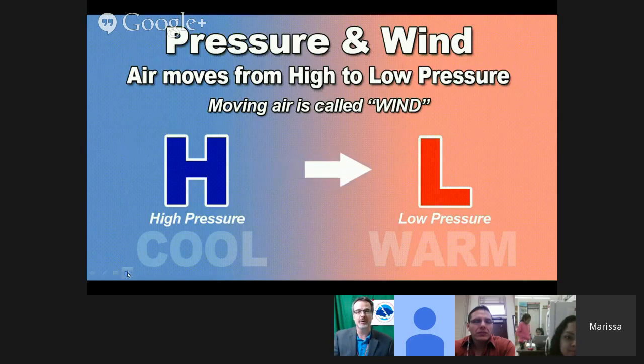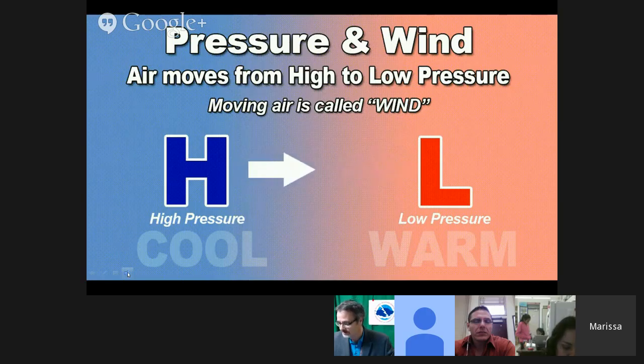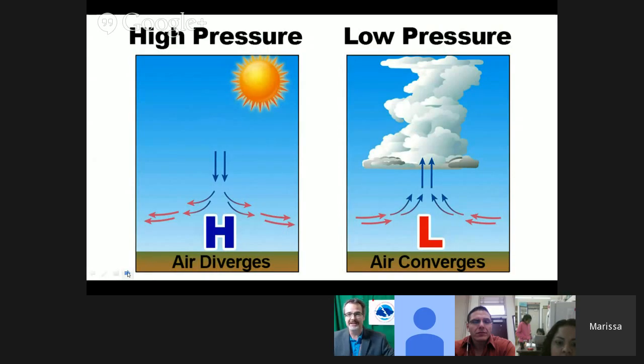Air tends to move from high to low pressure, and once air gets on the move, you start talking about wind, of course. So now we've talked about the sun's relationship to heating, we've talked about the sun's relationship to pressure, and we've in a roundabout way talked about how the sun can influence the movement of air, well known as the wind. Now we'll come back into that in just a moment.